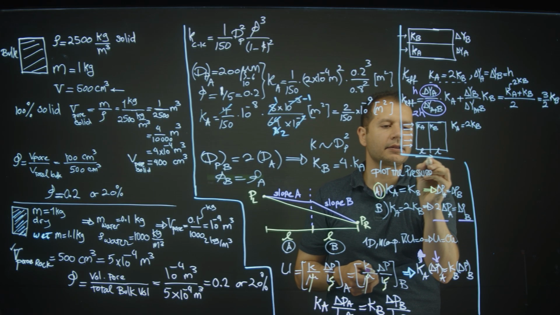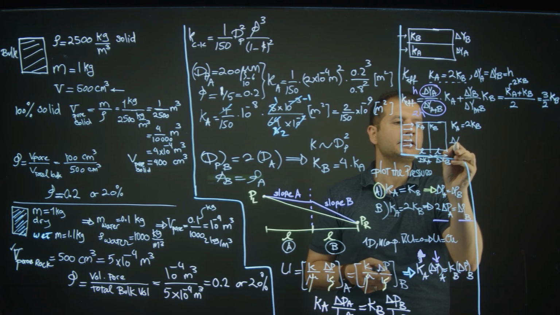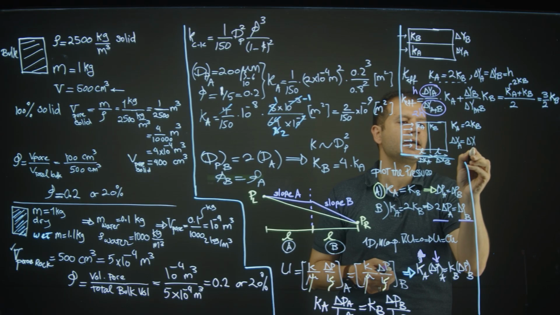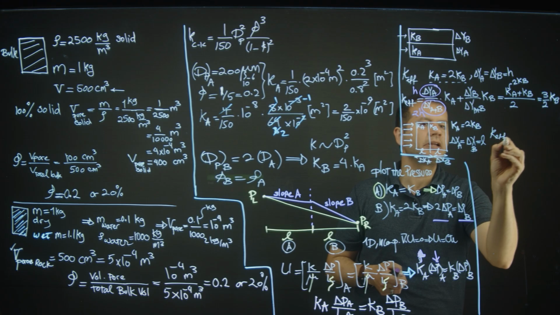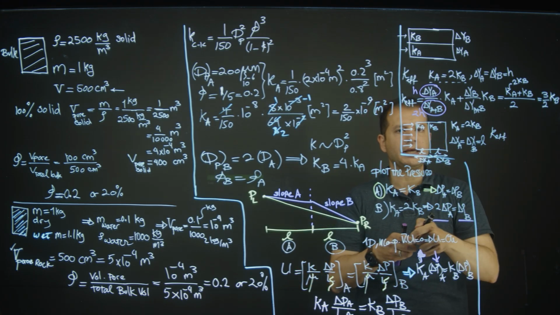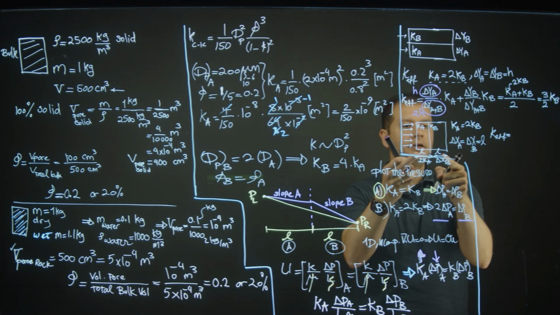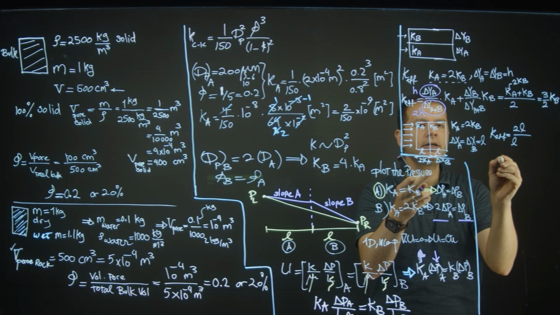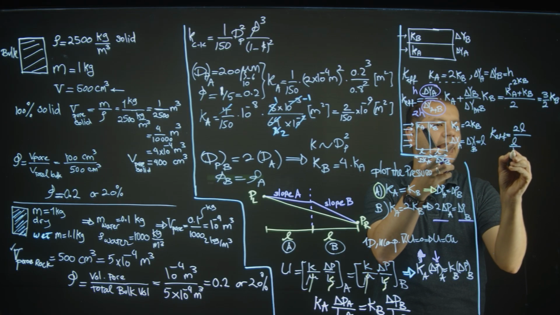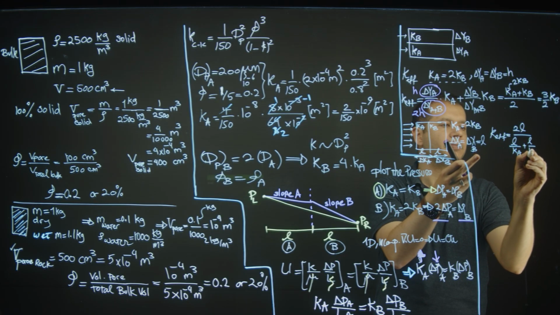So if this length is delta x of A and this is delta x of B, both are equal: delta xa equals delta xb equals L. The effective permeability here will be harmonic because they are normal to the flow, right? So it will be L total, which is 2L, over L over Ka, plus L over Kb.